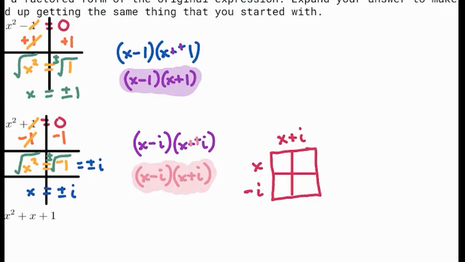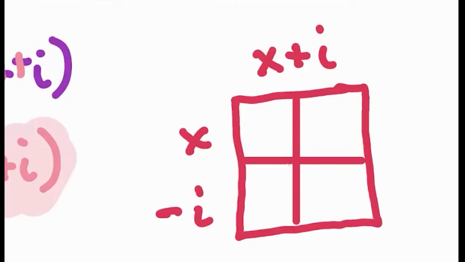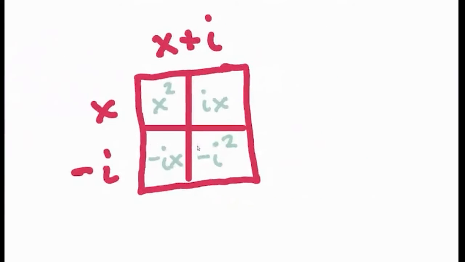Let's do green here. So it's going to be x squared, it's going to be ix, it's going to be negative ix, and then negative i squared. Now what's cool about this is this and this cancel out, so you're left with x squared minus i squared.